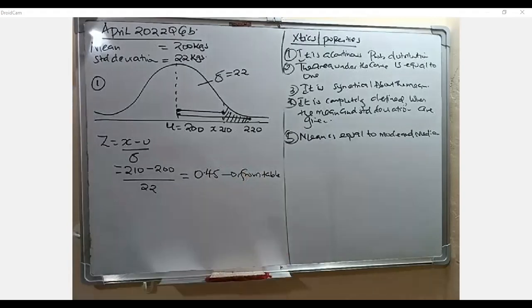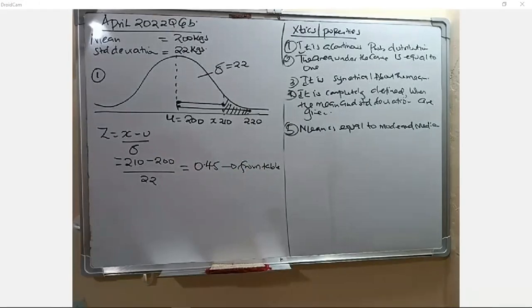Now in this scenario, because we are reading it from the table, let us look here whether the examiner was able to provide the normal distribution table. I can see it is not there. So let me look for it. The normal distribution table.